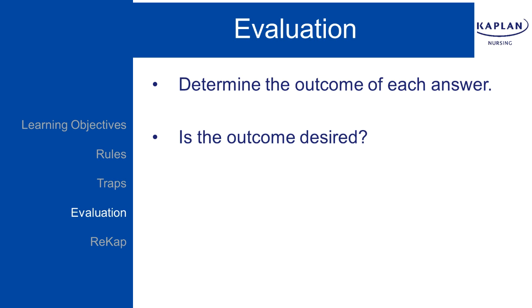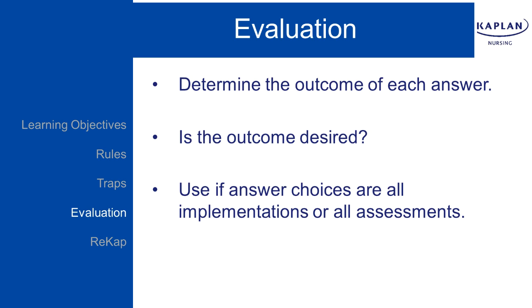Always ask yourself, is this a desired outcome? Yes, no, maybe. If you say, yes, this is a desired outcome, you would leave it in for consideration. If you decide, nope, it's not a good outcome, then you would eliminate it. So make sure you're always answering the question. And you use evaluation if your answer choices are all implementations or all assessments.